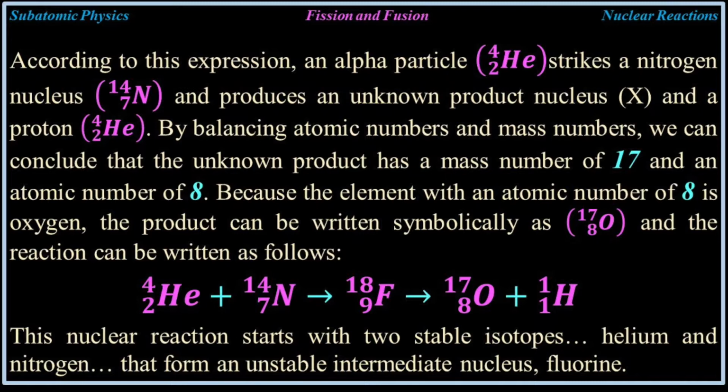Because the element with an atomic number of 8 is oxygen, the product can be written symbolically as oxygen 17, and the reaction can be written as follows. This nuclear reaction starts with two stable isotopes, helium and nitrogen, that form an unstable intermediate nucleus, fluorine.